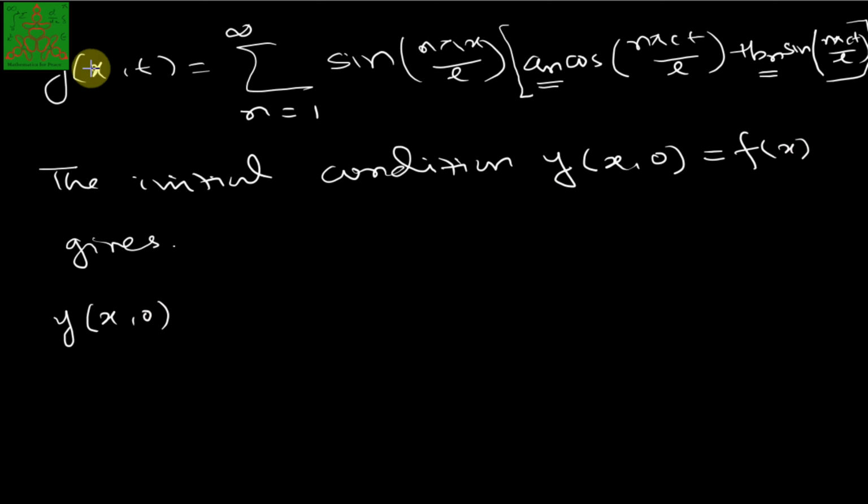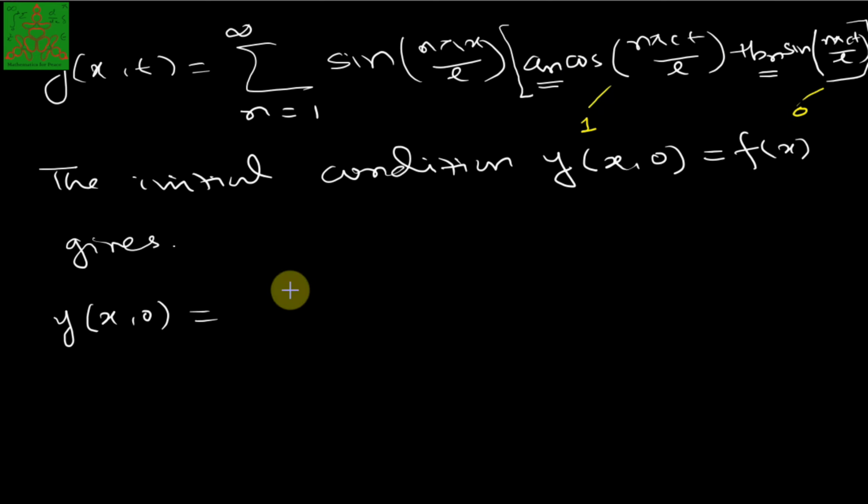If I substitute t equal to 0 here, the sine of 0 is 0, so this term will tend to 0. The value of cos of 0 is 1 and sine of 0 is 0. So only an is left.